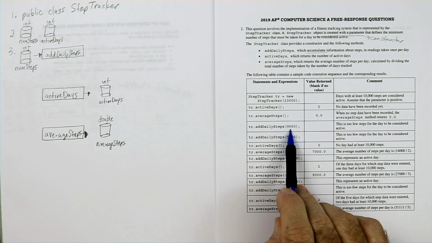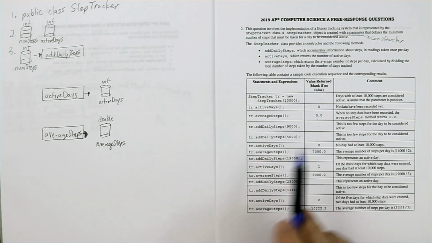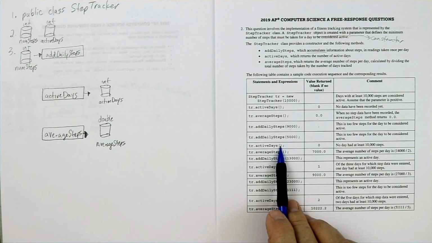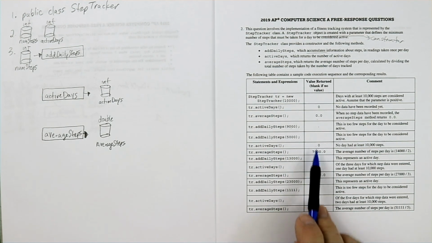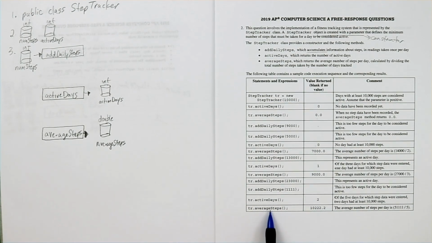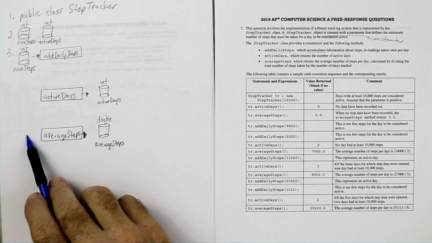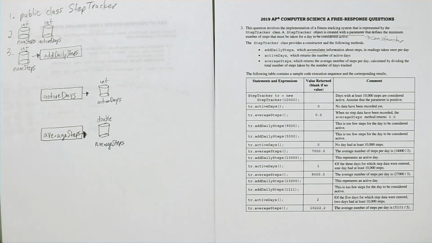Okay, sends 9,000 in, nothing comes out. 5,000, nothing comes out. So this is what you're looking at. You're looking at these parentheses. Nothing comes in, 0 comes out; nothing comes in, 7,000 comes out, an integer or double. All right, so that's what you're starting to see. So if you want to see how these all work and see if you got it right, you really could look up here. Look at average steps, brings nothing in, and it sends out a double. Okay, so you got it set up perfectly.